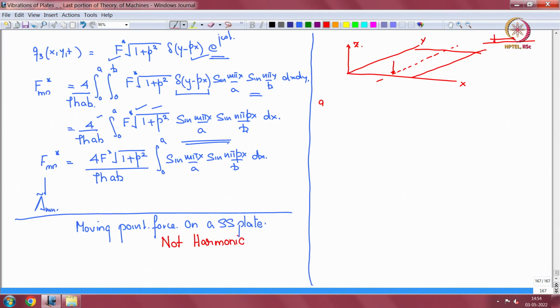So my Q3 of x comma y comma t is equal to the force, I will put a minus delta of x minus x star, then delta of y minus y star, but now this time y star is moving, so y minus Vt.